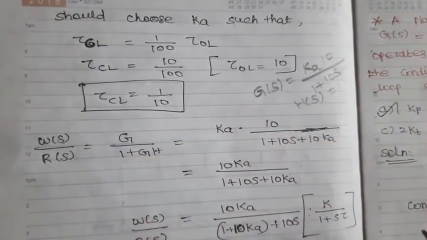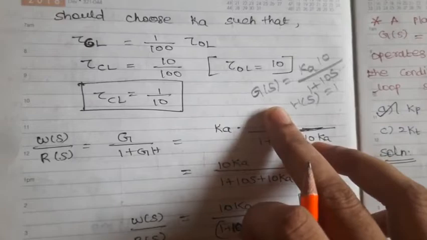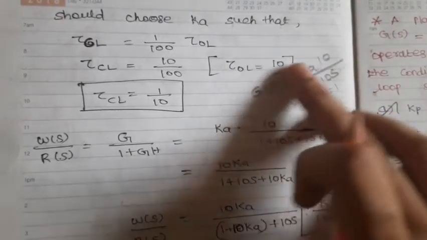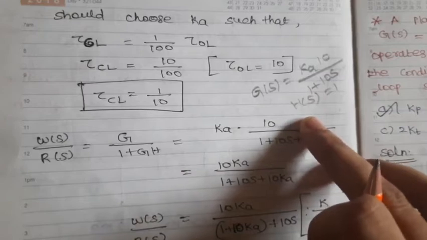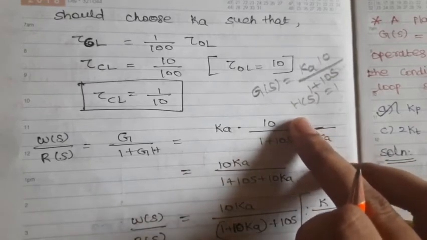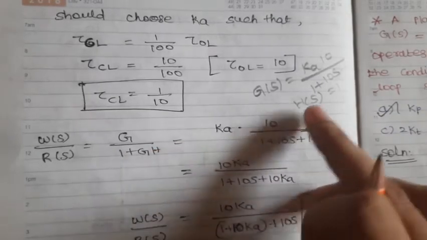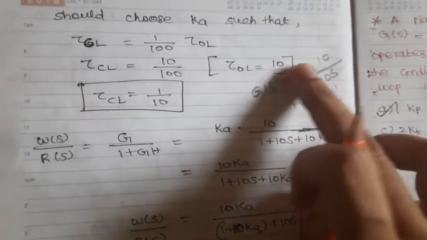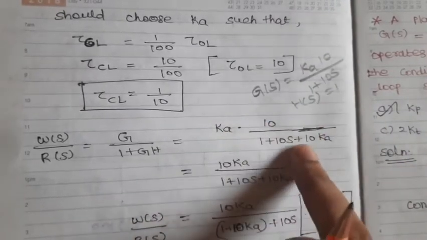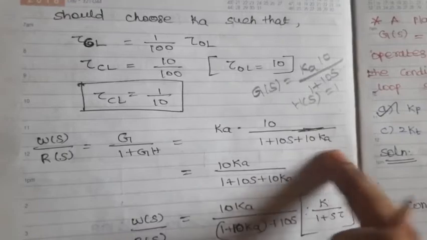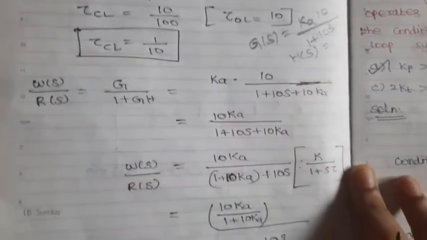We can find the closed loop transfer function from the open loop this way, and this is applicable only for unity feedback. That's it. Ka into 10 divided by 1 plus 10s plus 10 Ka. Okay, so 10 Ka divided by 1 plus 10s plus 10 Ka.